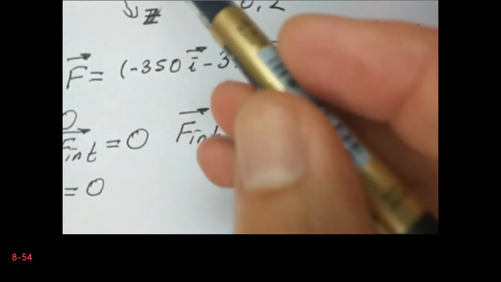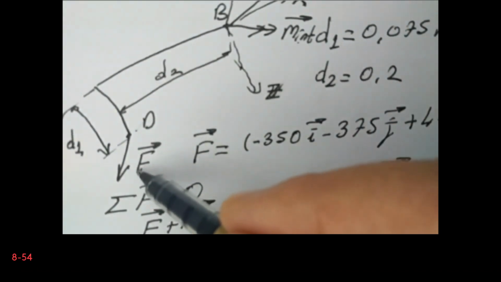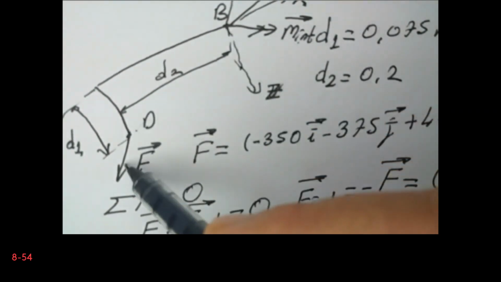This will eliminate the moment generated by the internal forces. So therefore we have the internal moment, and the other one is the moment generated by this force, which is the load arm multiplied by the force.